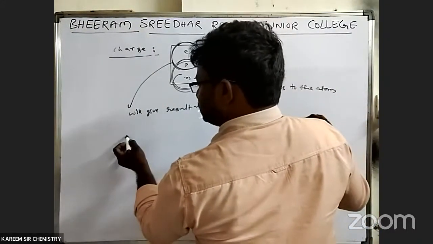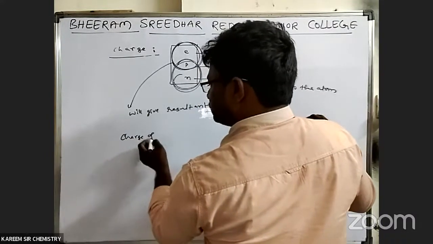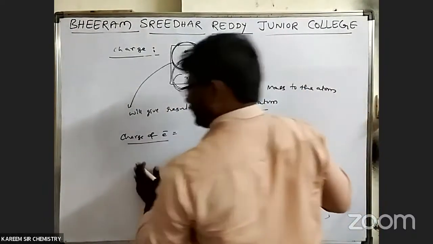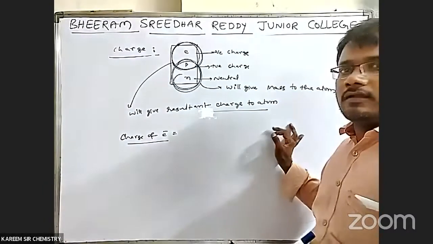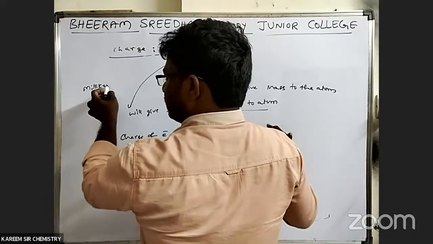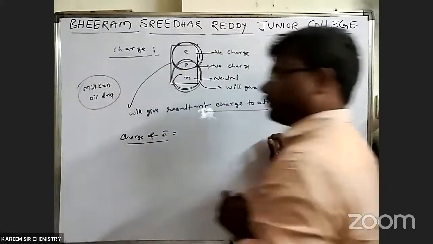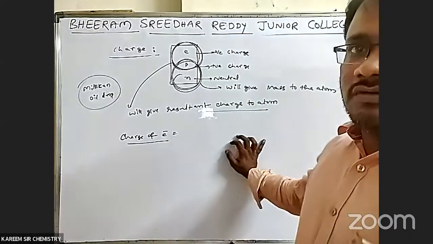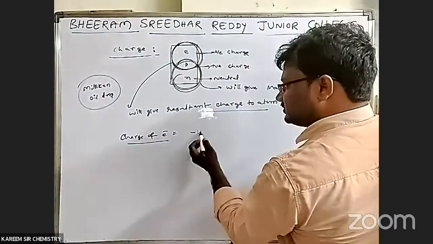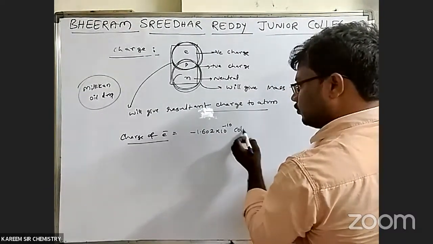The charge of the electron was experimentally calculated using Millikan's oil drop experiment, which you will learn in intermediate level. The charge of an electron is found as minus 1.602 into 10 power minus 19 coulombs.